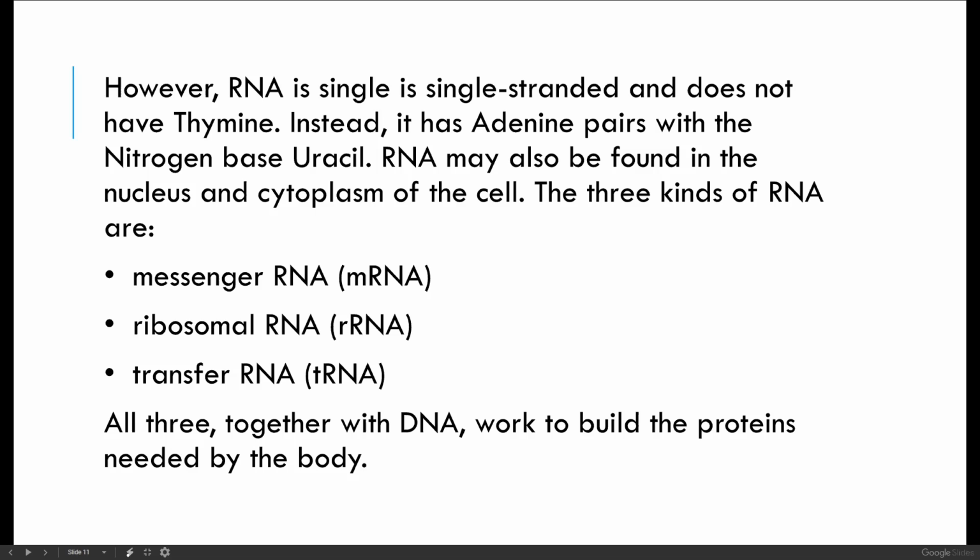They are named after their functions. All three together with the DNA work to build proteins needed by the body. Remember what I was telling you a while ago, that RNA decodes the information. Decodes the information for what? For the protein, for a particular protein.